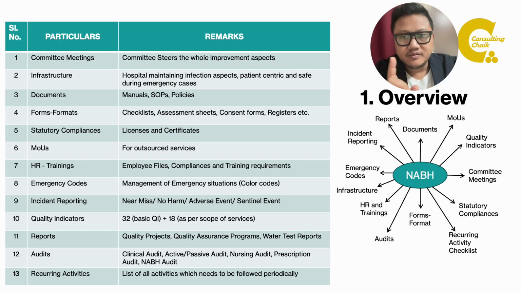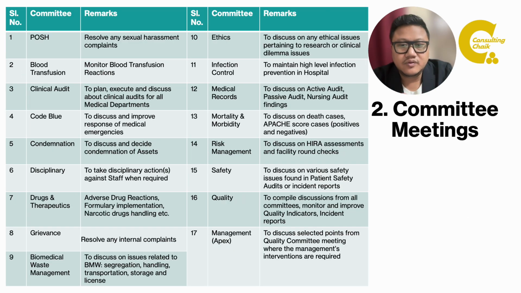Now let's elaborate more. Committees: you have basically 17 different committees, and each committee will have its own TOR and MOM. You can try to club these committees, no problem.